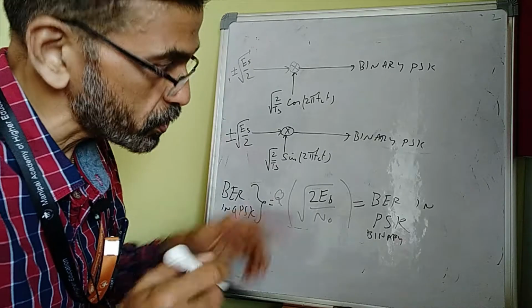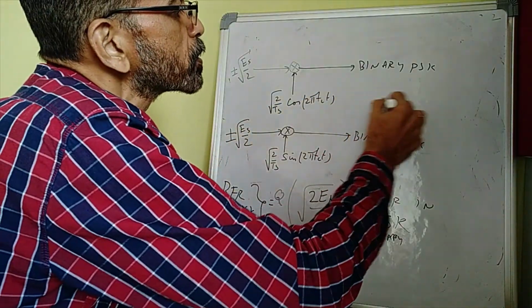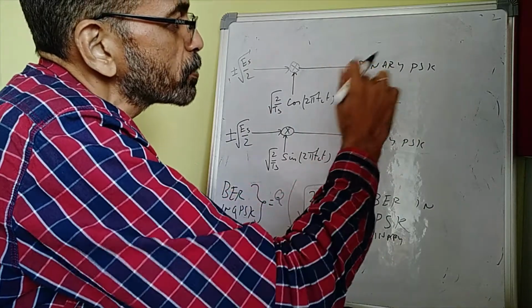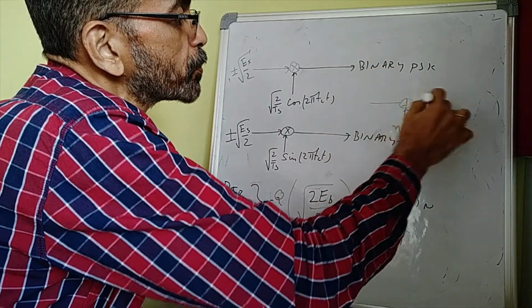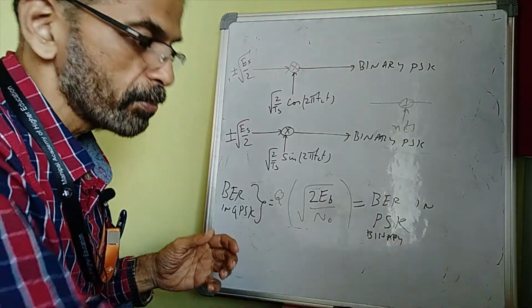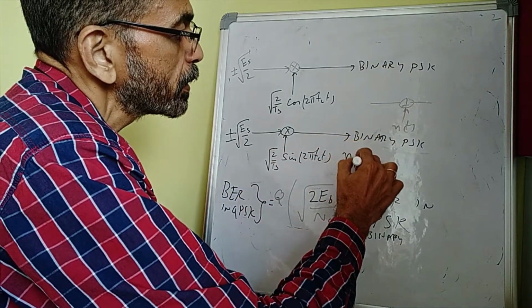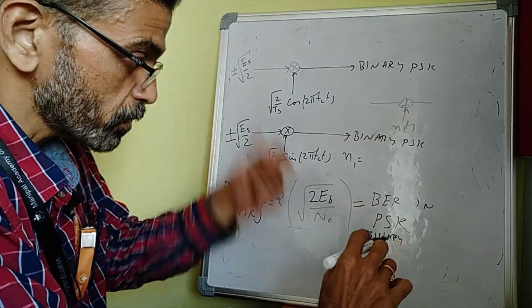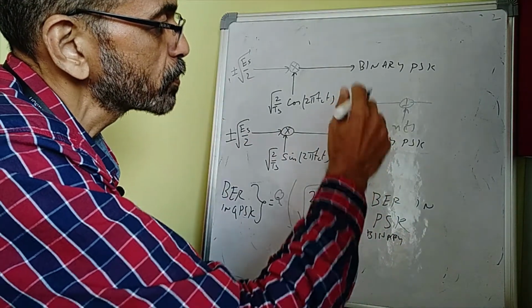Isn't the noise which is getting added, because when you send the QPSK signal, which is a combination of this, the same noise is getting added to this? But remember that at the receiver, if N1 is obtained, just go back to the receiver schematics and the functioning of the receiver.